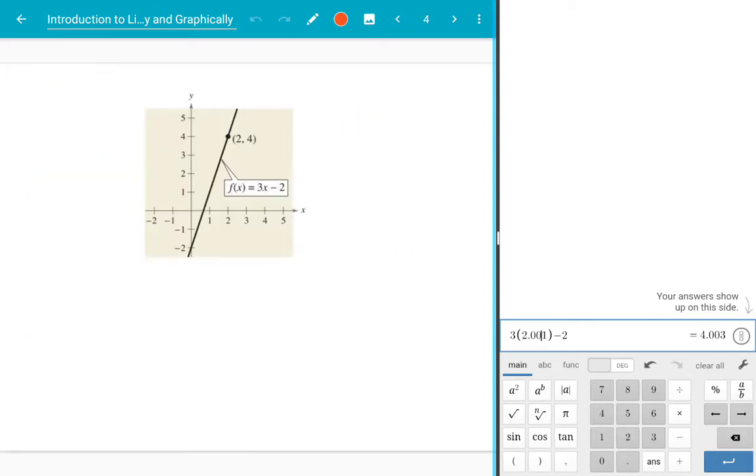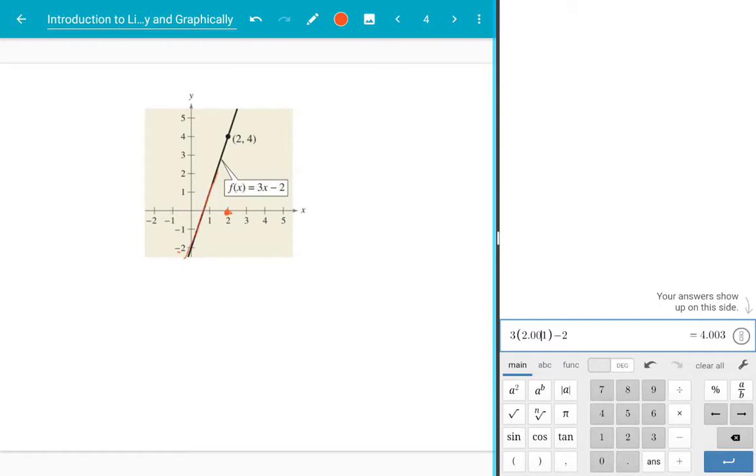On the next slide, I have the graph. Here's our function, 3x minus 2. It's a line, so we're going to look at the graph as it approaches 2. Here's the 2 value. We want to see what's going to happen to the function as it approaches 2.